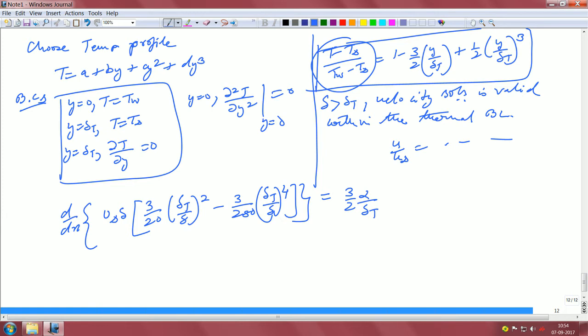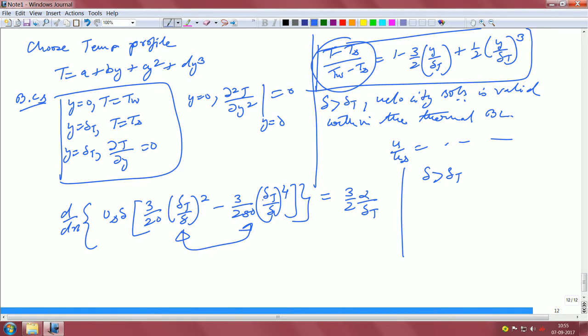Now, of course, here there is a problem because we have two variables, delta t and delta, to make things a little bit more dicey. In order to avoid that, we already know that delta is greater than delta t. So, it is very natural if you compare these two expressions, which have delta t by delta, we know that the fourth order term will be much lower than this. This is 3 by 20, that is 3 by 280. So, there is an order of magnitude difference right there, and on top of that this is squared, this is to the power of 4.